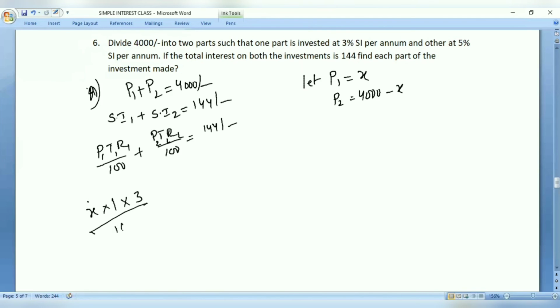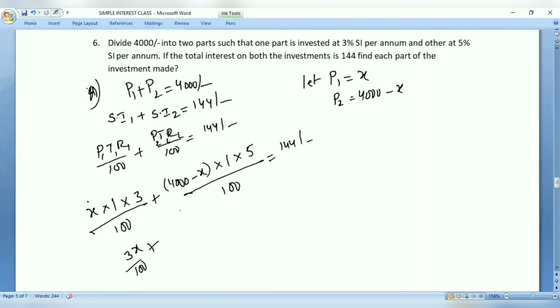3% divided by 100 plus the second part is 4,000 minus X is the principal and time period is 1 year again. Rate of interest is 5% divided by 100 is equal to 144. Now 3x by 100 plus 5 into 4,000, that is 20,000 minus 5x by 100 is equal to 144.